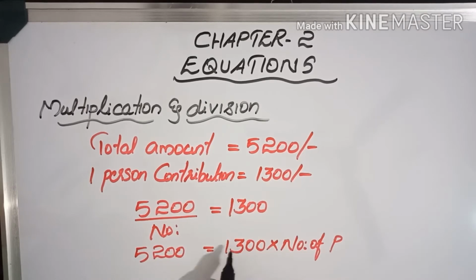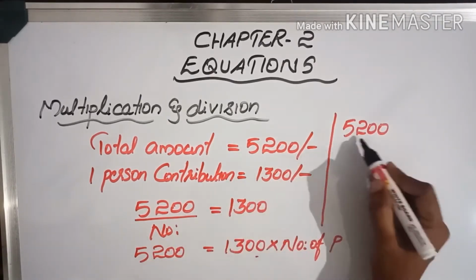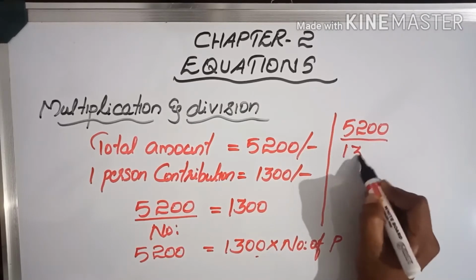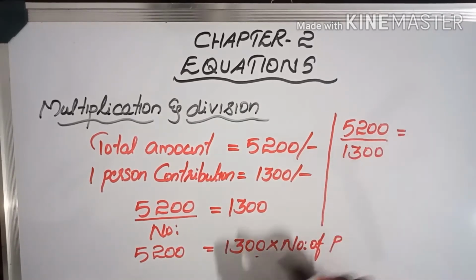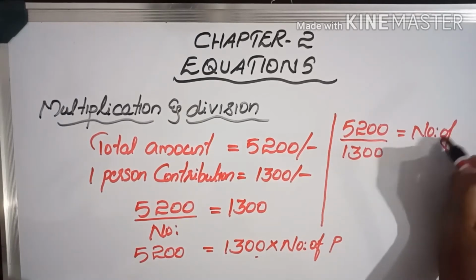We don't want this 1,300 here, so take the into 1,300 to this side. It becomes division. 5,200 divided by 1,300. Then here only the number of persons will remain.